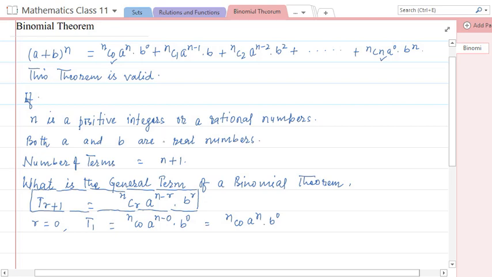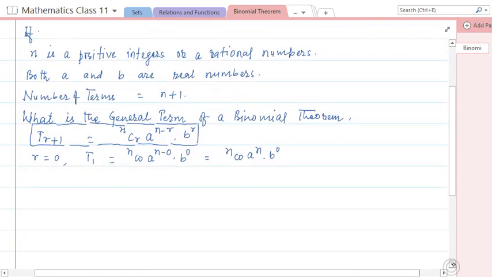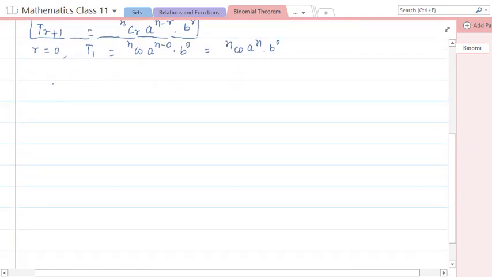Now we discuss the middle term of a binomial theorem. Let's see what is the middle term of a binomial theorem.